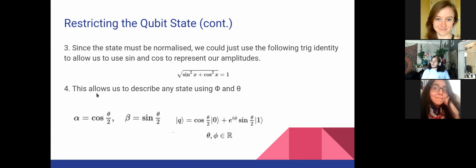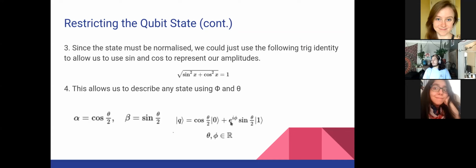And we can say that, okay, we can just drop the idea of using alpha and beta, and we can use phi and omega to describe any state, right? And omega will be able to determine, since sine squared x plus cosine squared x, the square root of that, needs to be equal to 1, well, we could say that cosine theta squared and sine theta squared will accurately represent, fitting with this previous identity, our amplitudes, right?